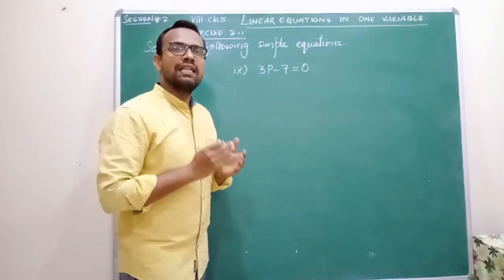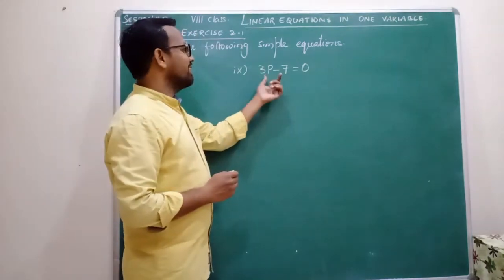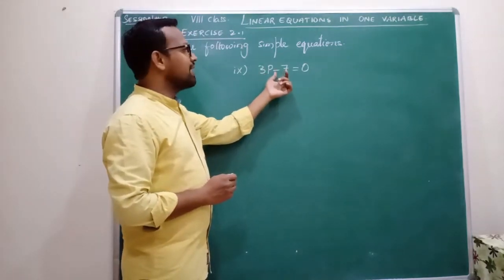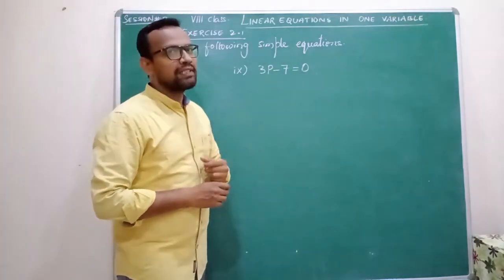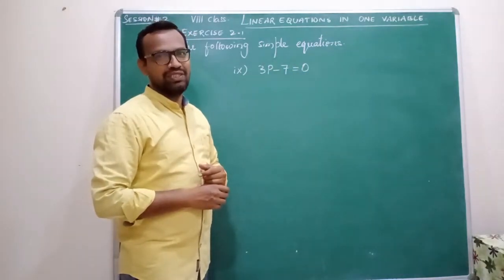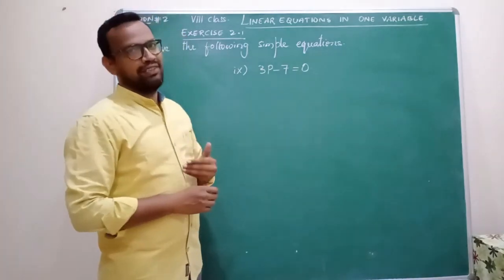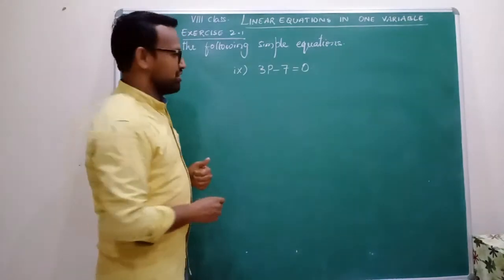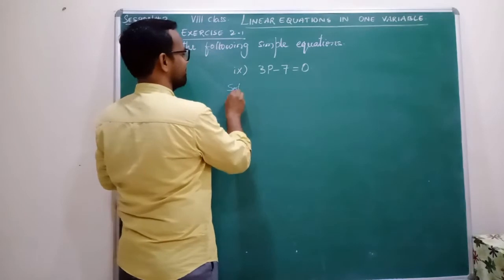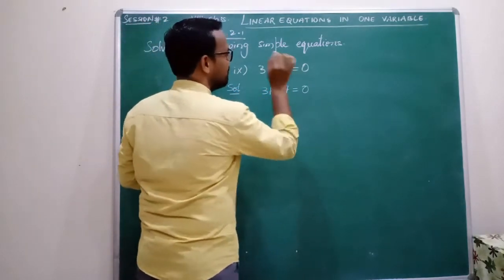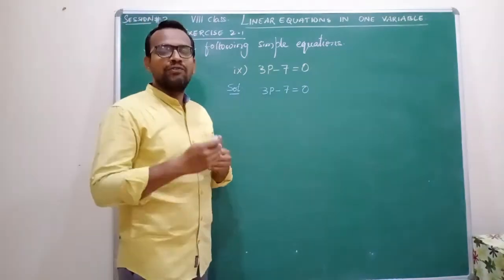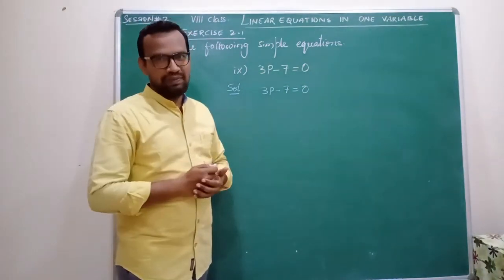Now the ninth equation is like this. 3p minus 7 is equal to 0. Now we need to find the solution for this simple equation. First of all, let us take the given equation. 3p minus 7 is equal to 0. Now, what term do we need to transpose first?